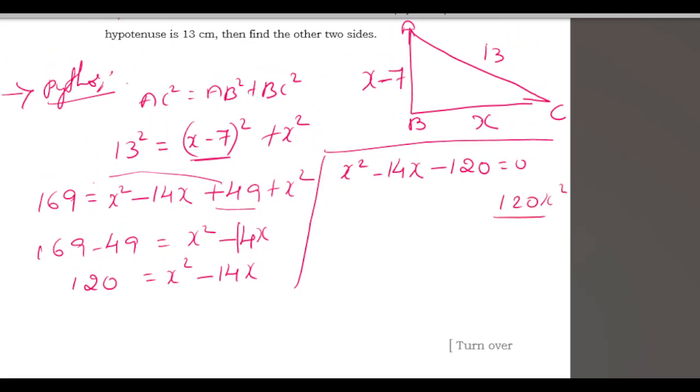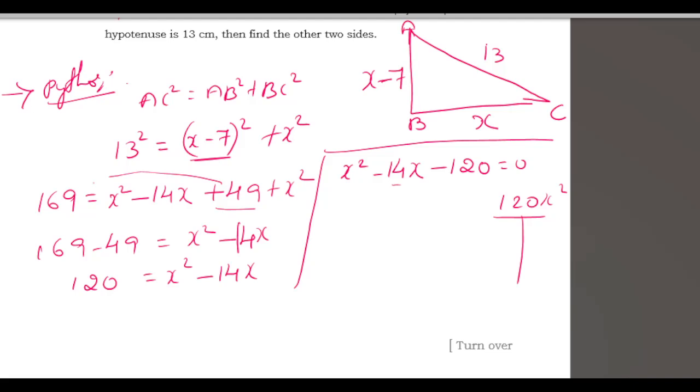120 and x square, the factors, we should get the 14. So the factors are 12 and 5. Wait, one minute, 2x square.